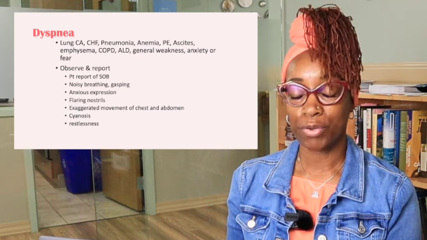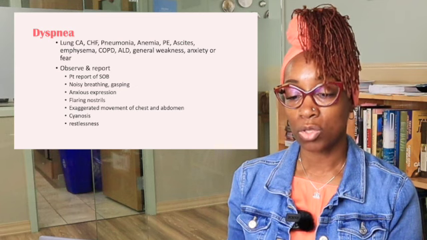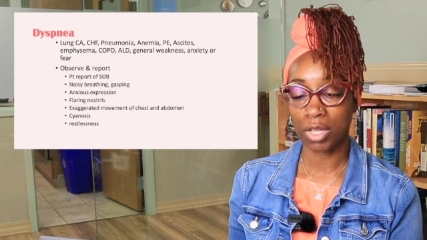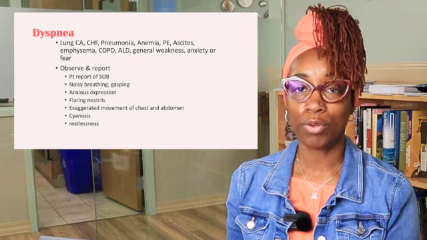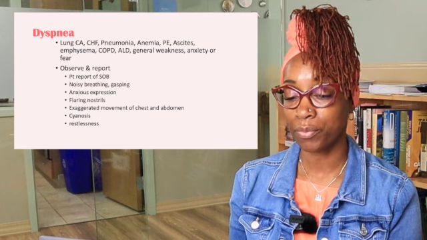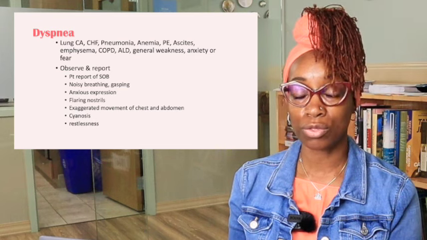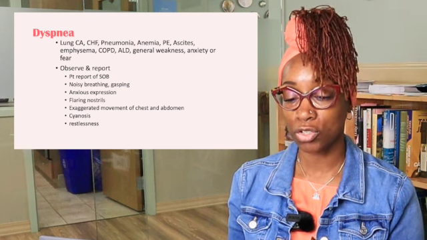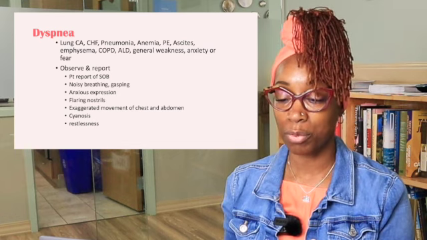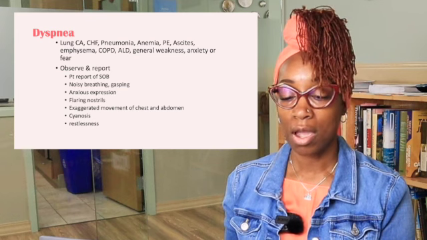Anxiety, if there's increased anxiety, that can also lead to shortness of breath. So what you would want to look for would be the resident reporting shortness of breath. If you notice or hear that they're having a lot of noisy breathing or gasping, if they seem anxious, if their nostrils are flaring like they're trying to catch their breath, any exaggerated movements of the chest and abdomen where they're really labored and working really hard to take a breath.